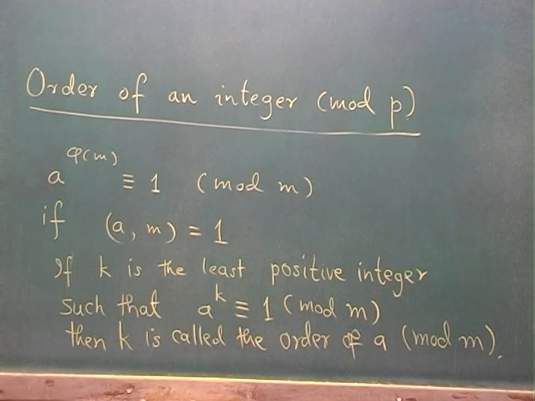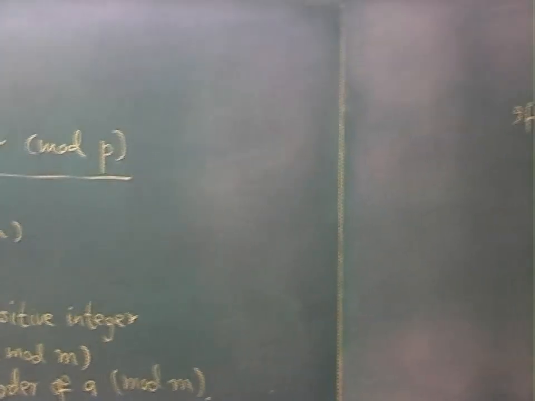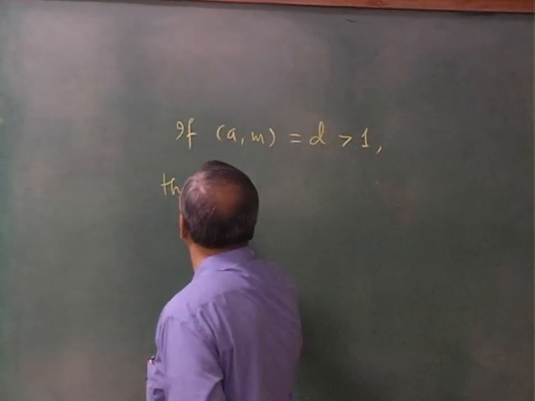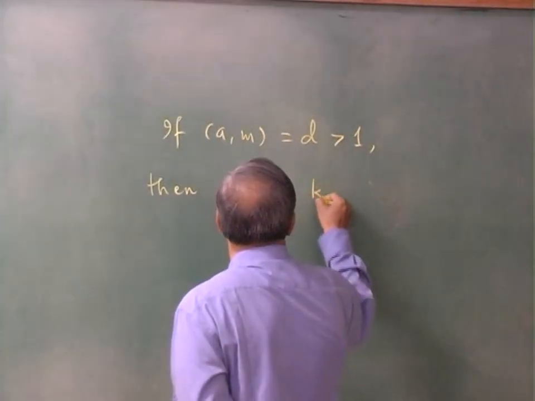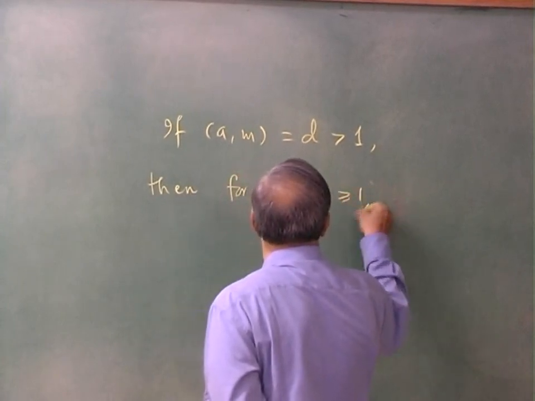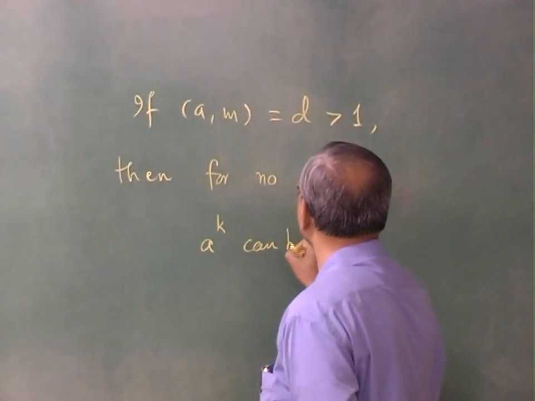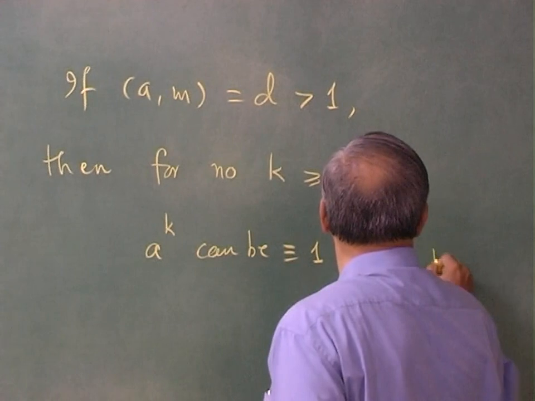So note this fact that if GCD of A and m equals d bigger than 1, then for no k bigger or equal to 1 can A raised to k be congruent to 1 mod m.